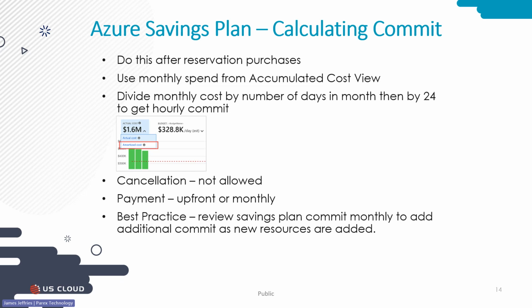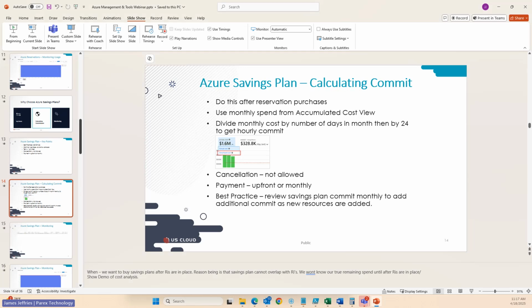You may have had resources spun up that are going to be turned down. So generally, the recommendation is you get 2 or 3 months of a sample size, calculate what your hourly commit's going to be, and then this will be purchased again after your RIs and after you've right-sized resources. I'm going to switch here and just show you how that view looks so you're aware of it.